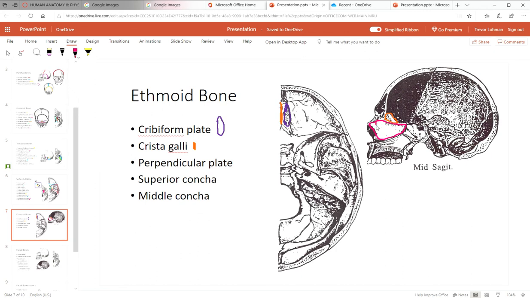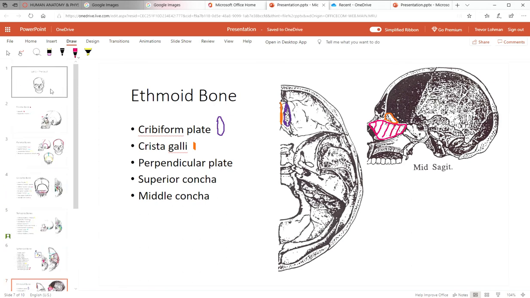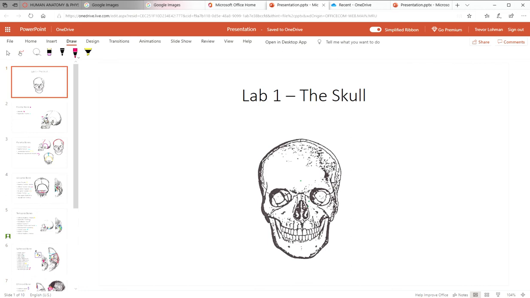It's right here. It's this big plate. If I were to look at the skull from a front view, like in, say, this picture, that is it right there. The bottom part is actually called something else. It's called the vomer bone.